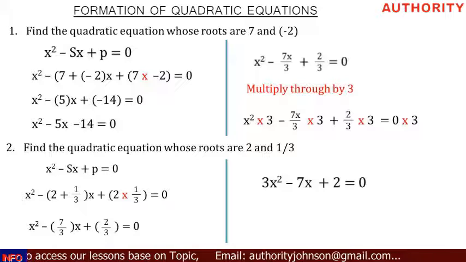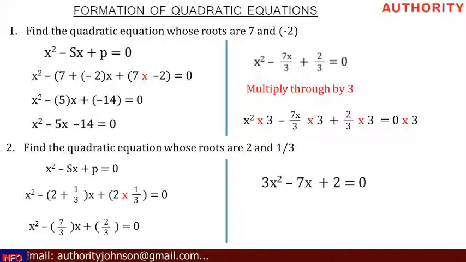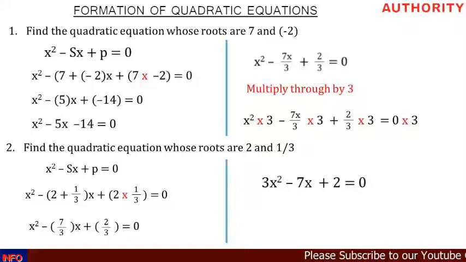So therefore, we're going to have 3x squared minus 7x plus 2 equal to 0. So the quadratic equation whose roots are 2 and 1 all over 3 is 3x squared minus 7x plus 2 equal to 0.